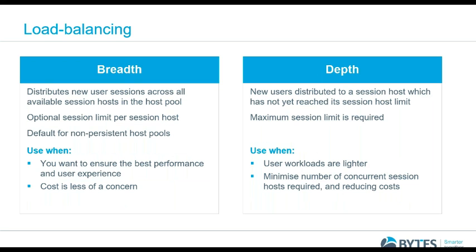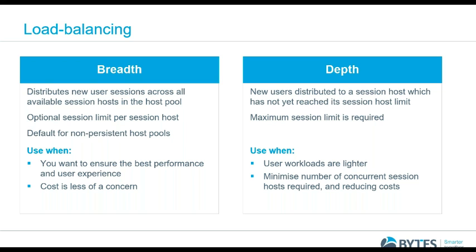Associated with the pooling especially is load balancing. So this is default provided by the solution, either breadth or depth load balancing. So in breadth, basically what happens, you'll have a number of virtual machines, session hosts in that host pool, and when a user logs in, they'll be assigned to a virtual machine that doesn't have or has the lowest number of users associated to it.